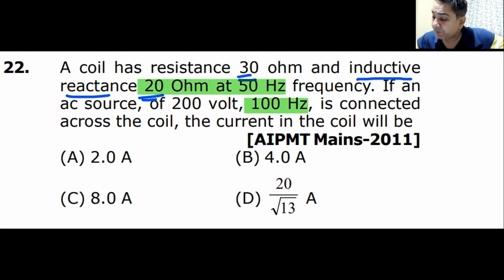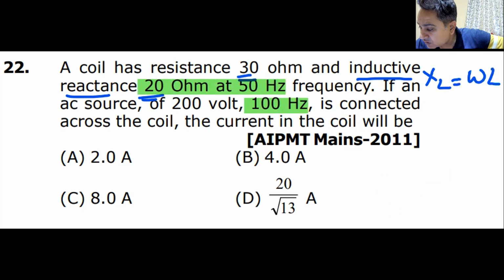Now remember, the value of XL is equal to omega L. L is constant. Frequency has been made twice, so omega also becomes 2 times. So XL also becomes 2 times.